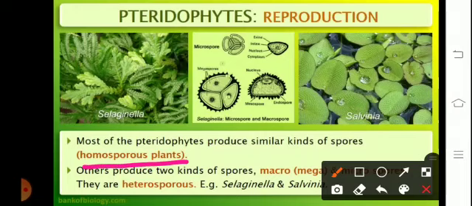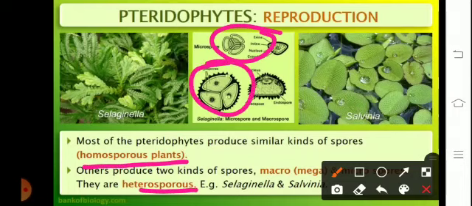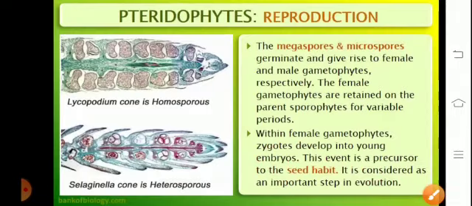Heterosporous pteridophytes include Selaginella, Azolla, Marsilea, to name a few. In the heterosporous condition, two types of spores are found: the small microspore, as can be seen in the diagrammatic representation, and the large megaspore, which will give rise to the female gametophyte in future.